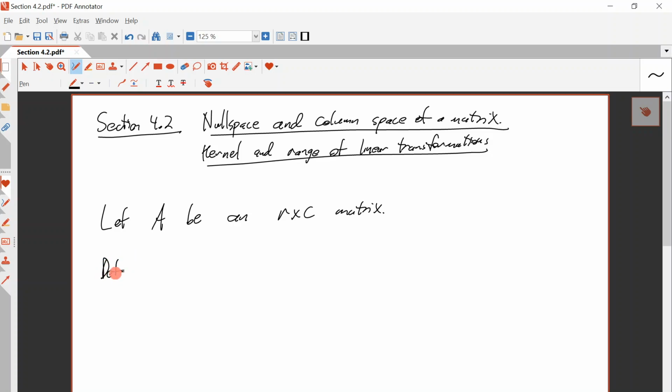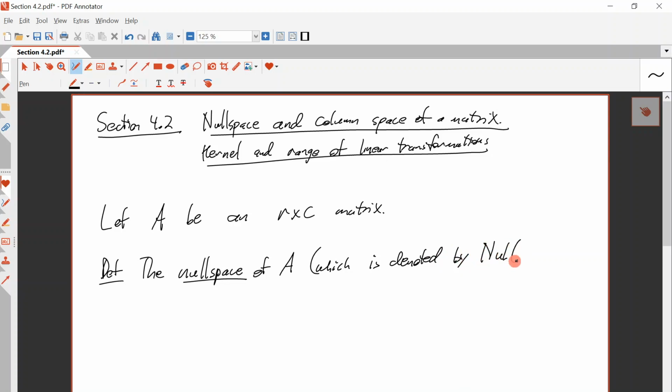Definition: the null space of A, which is denoted by just null A, like that, is the set of all x such that A times x equals 0.